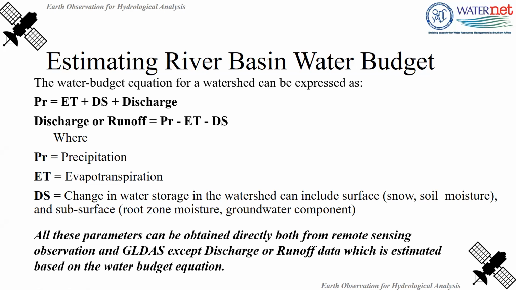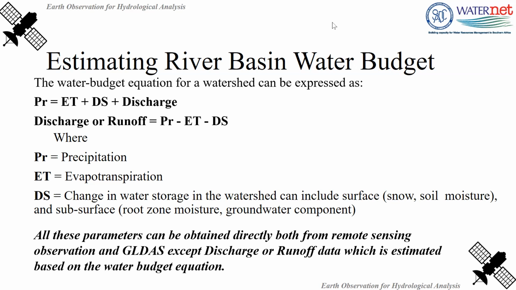Okay. All right, so I was talking about why we need to understand the river basin water budgets, and I was saying that our main source of water in our river system, in our basins, is actually rainfall.